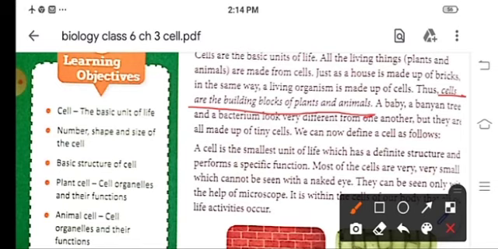Children, you have seen different types of organisms on this earth. You have seen human beings, trees, bacteria. They are all different in shapes and size. But one common thing is there, and that is all of them are made up of tiny cells.